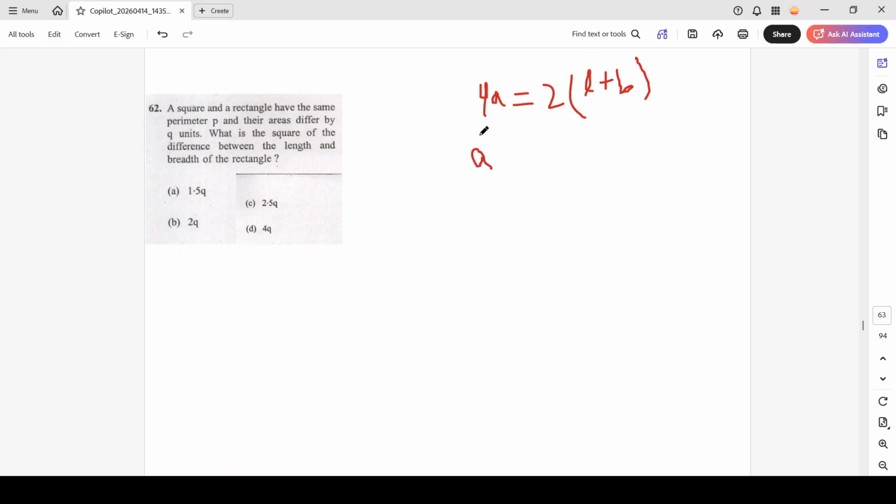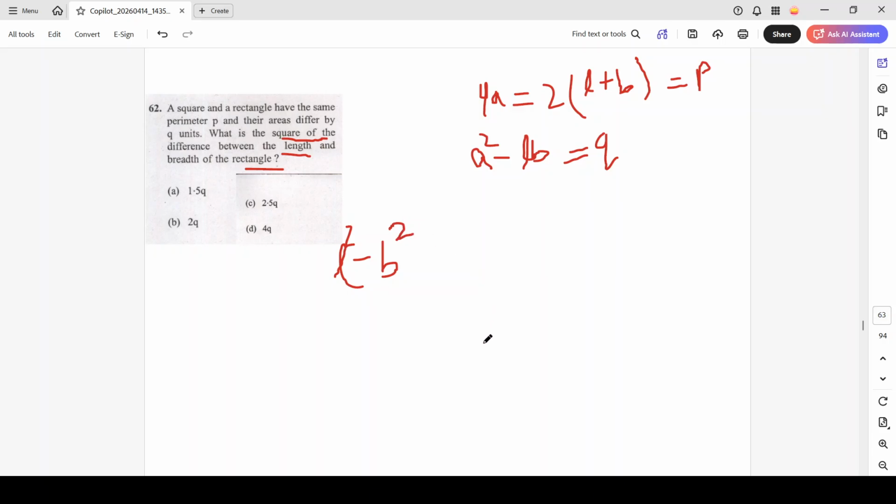A square minus L into B is cube, and this is equal to P. Now what is the square of the difference between the length and breadth of the rectangle? That means L square minus B square is what we need to find out.